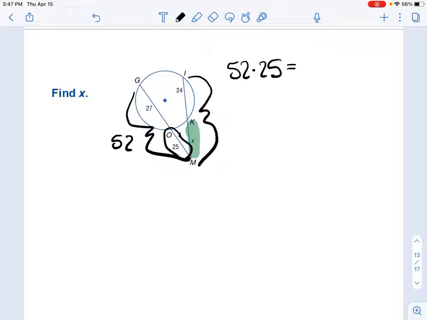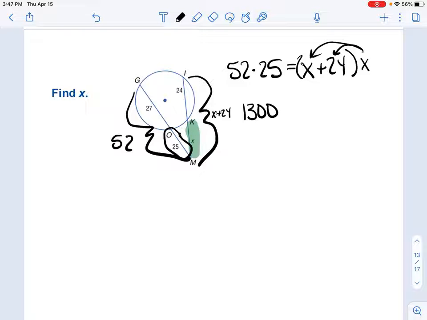That equals x plus 24 times the whole thing of x. So we'll distribute this x through. 52 times 25 is 1,300.